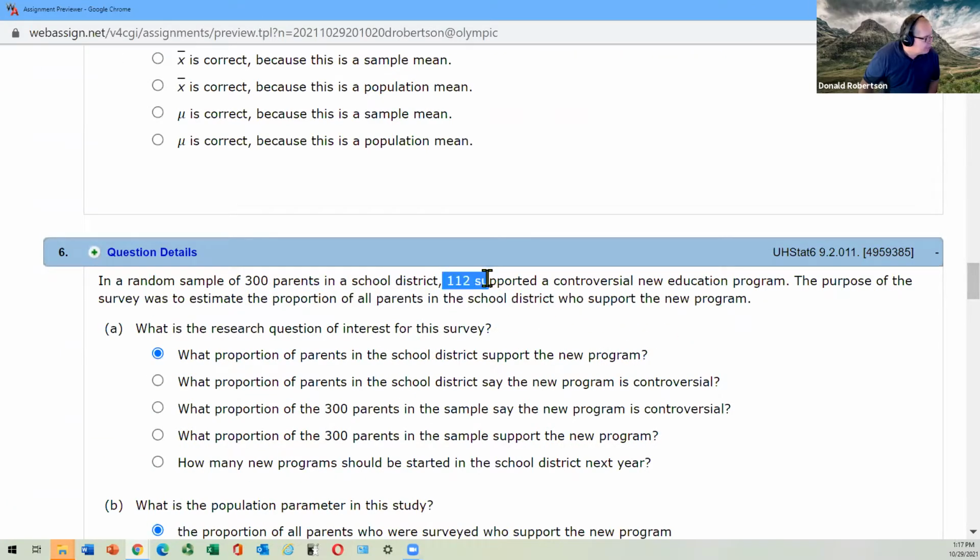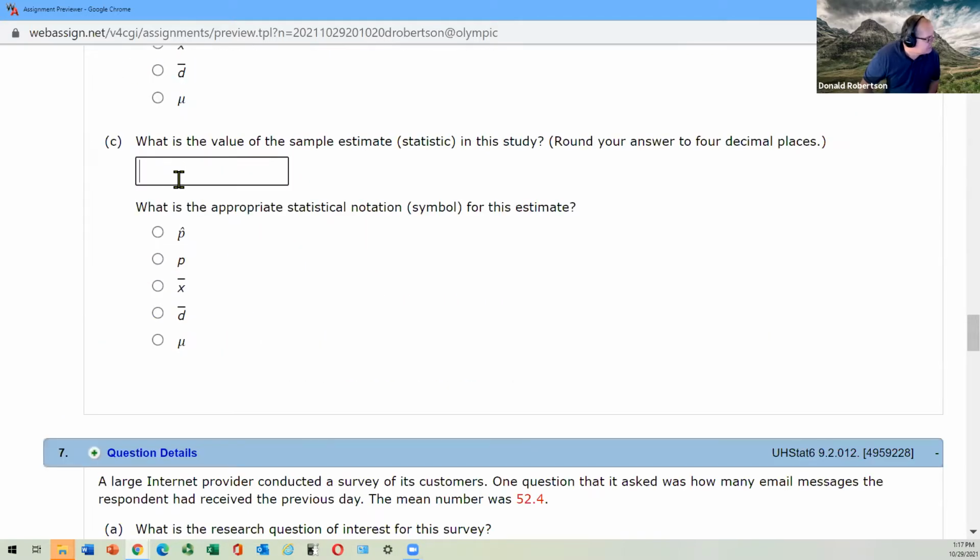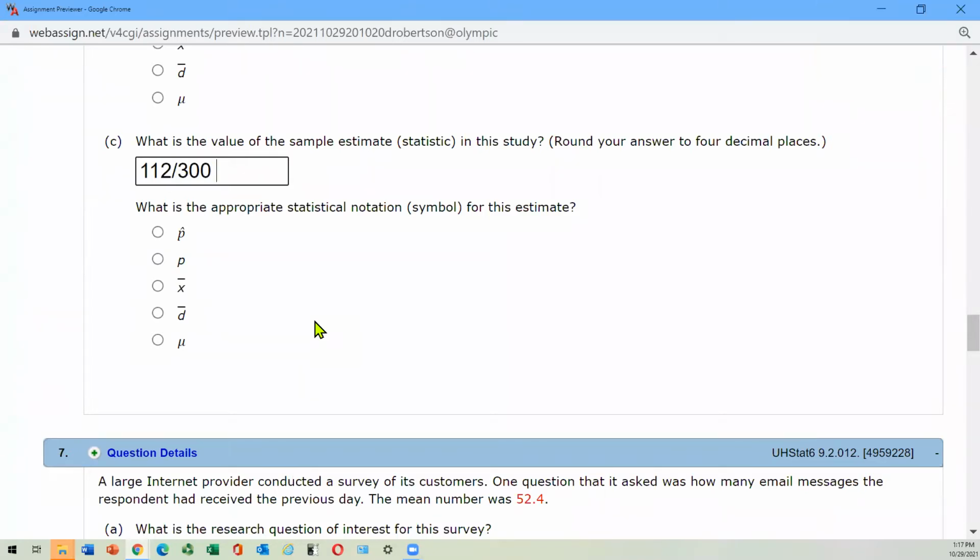Won't it be 112 out of 300? And which one of these guys, 1 to 5, will you pick for that statistic? What symbol represents that 112 out of 300? P. Say again? P. Correct.